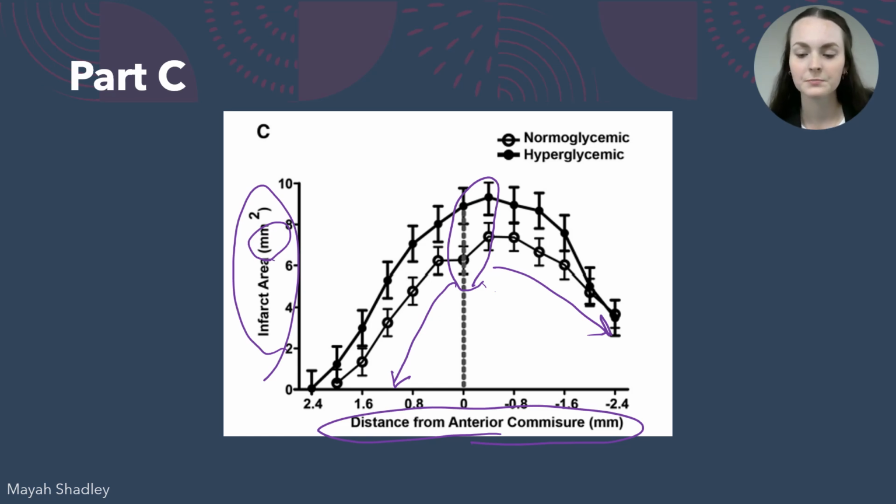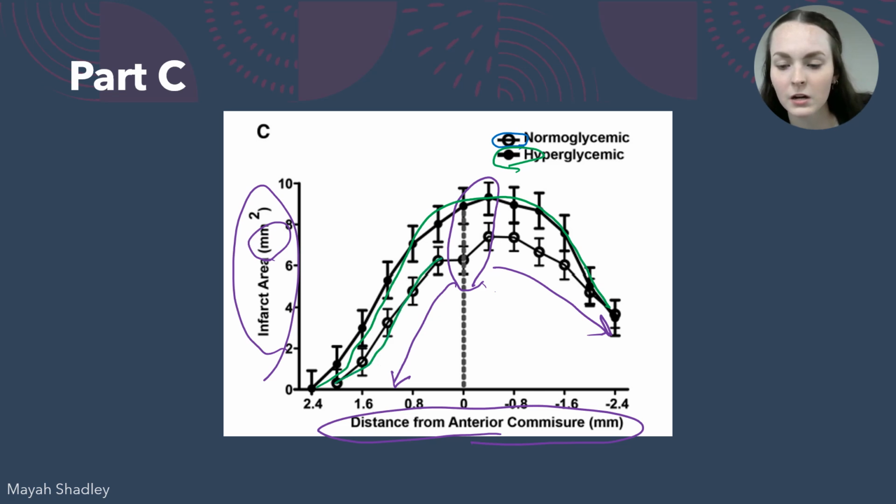But as you can see, we're looking at the normal glycemic versus the hyperglycemic. I'm going to try to color code this here. As you can see, this hyperglycemic line is quite a ways above our normal glycemic line. Oops, sorry, it's still in green. I'll try to color code this here.